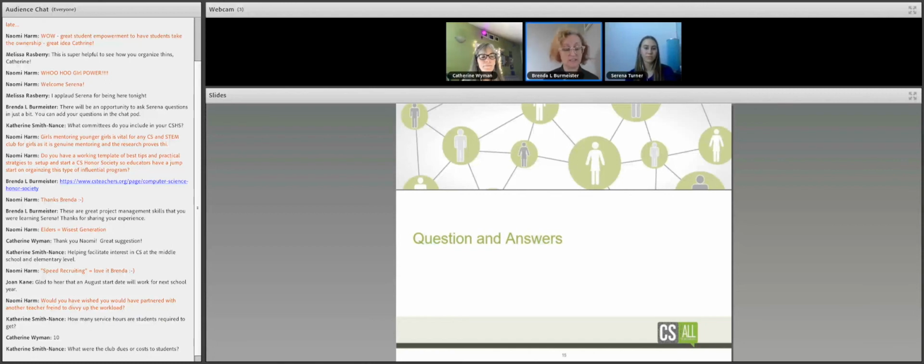So I see a question here about the club dues and the cost to students. Do you want to take that, Katherine? Sure. I have to look it up, because when CSTA took over, they changed the fee structure, and I think there is a different cost for returning members than new members.